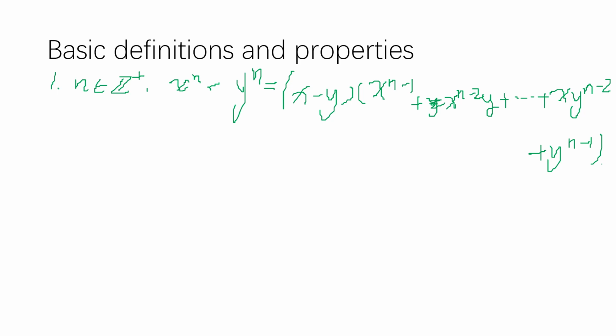For the same, I change it. I wrote it wrong. For the second, n is a positive integer. The only difference is that we change the minus into adding, plus.